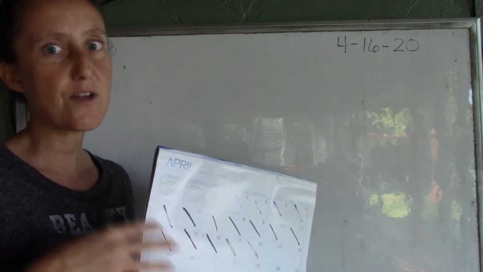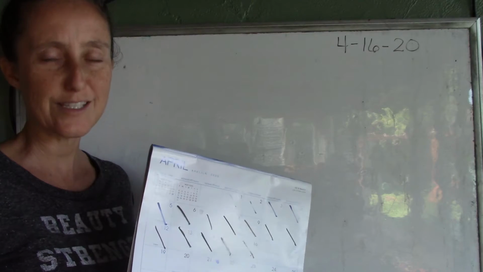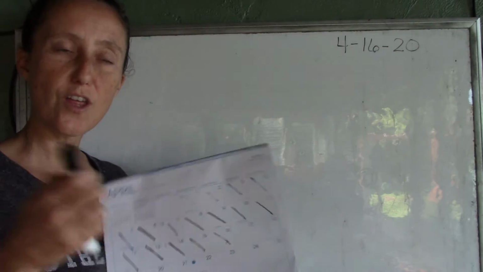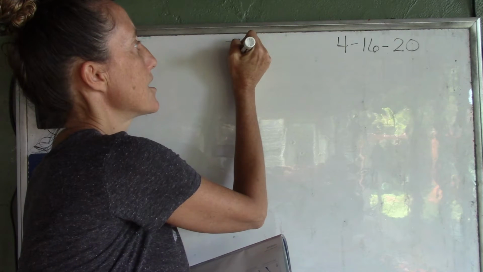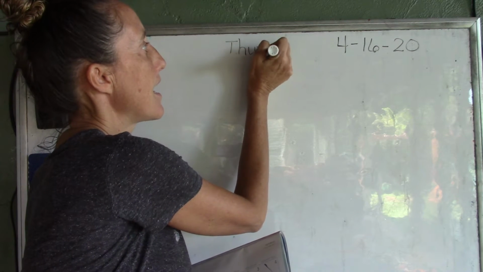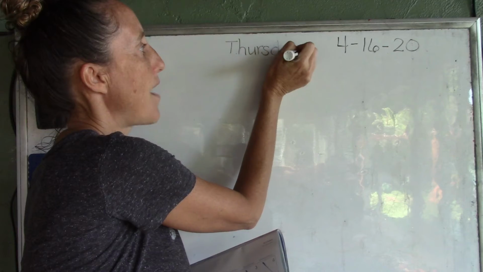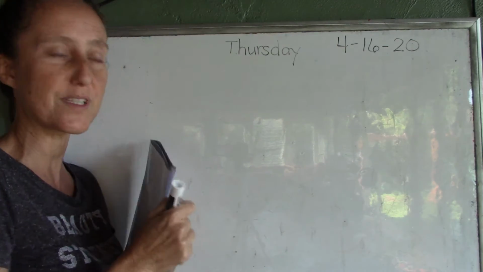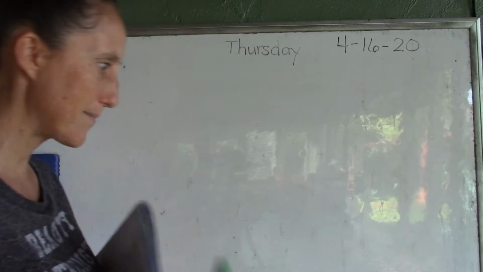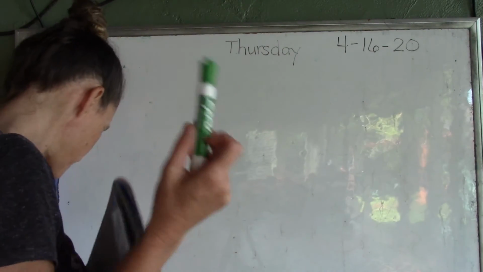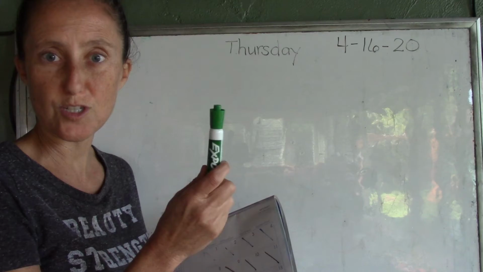If yesterday was Wednesday, today is Thursday. So capital T, and then H-U-R-S-D-A-Y. Today is Thursday, April 16, 2020, right?